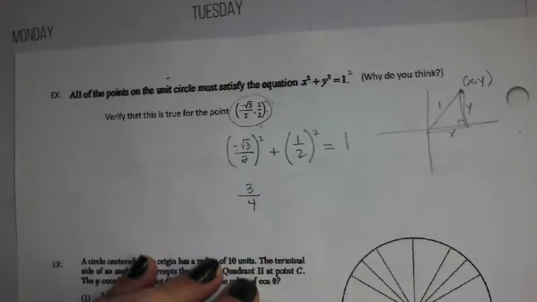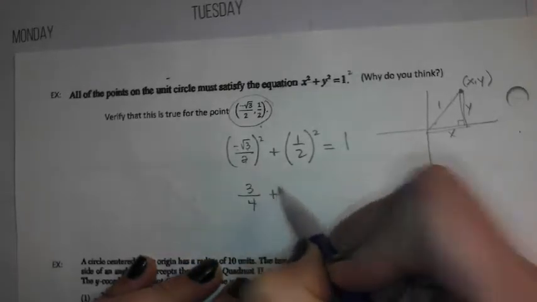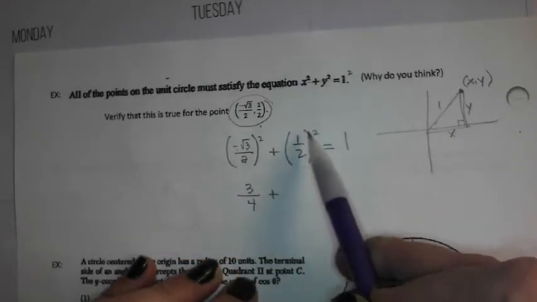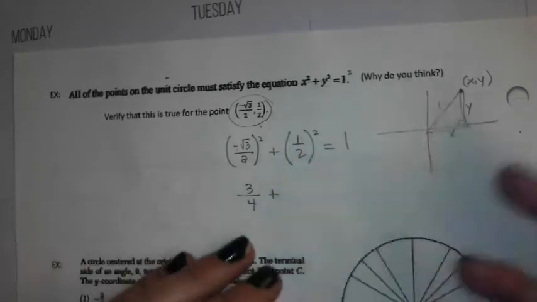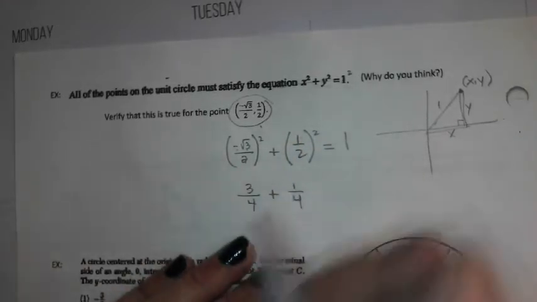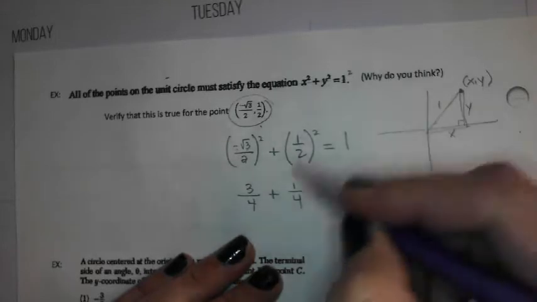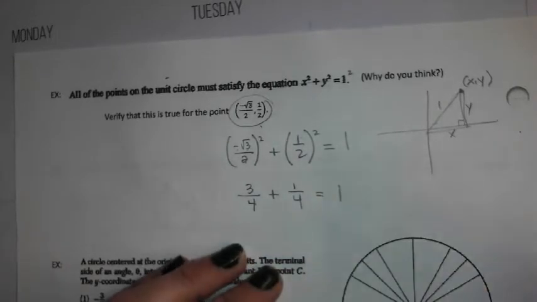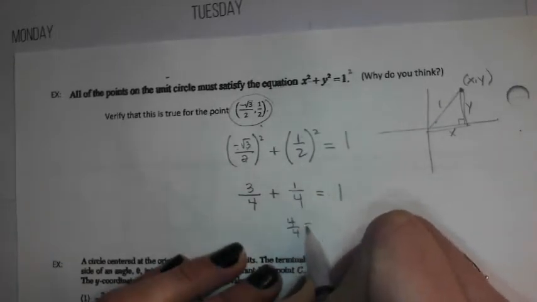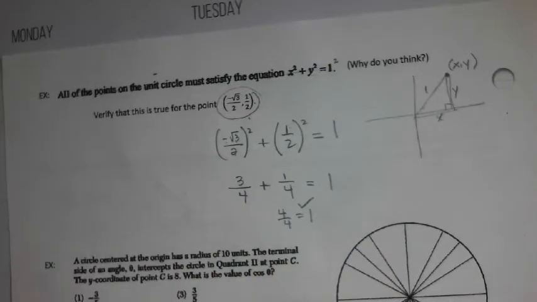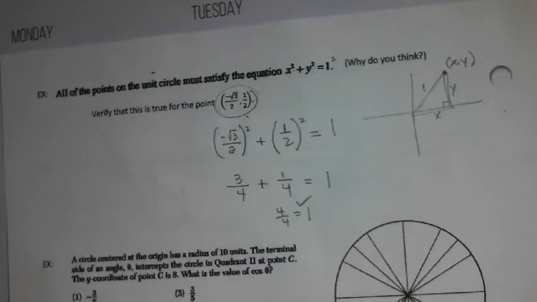So that's 3/4 plus 1/2, you can square the numerator, square the denominator, will be 1/4. And can you verify that 3/4 plus 1/4 is 1? 4/4 equals 1, check. So that point does lie on the unit circle. Okie doke.